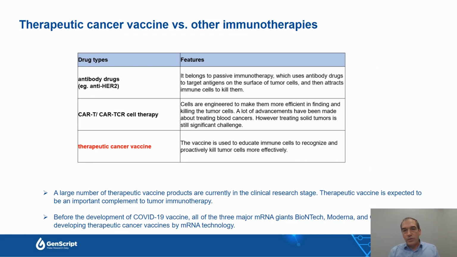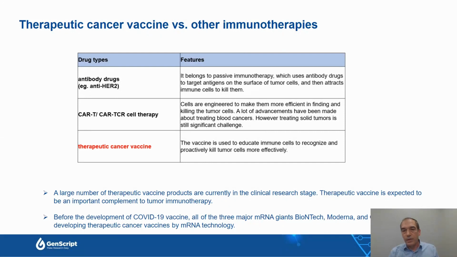So what is the difference between therapeutic vaccines versus immunotherapies? For example, antibody therapeutics belong to the passive immunotherapy group, which uses antibody drugs to target the antigens. Basically they label the tumor cells or the infected cells, and attract the immune cells to kill them.